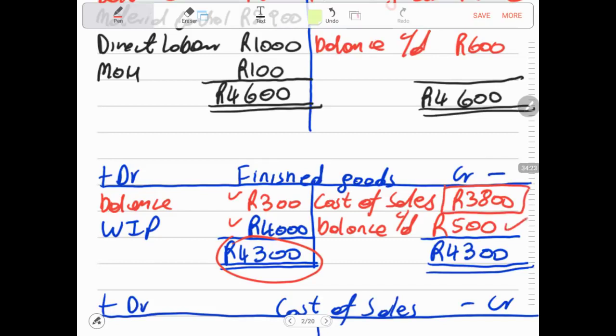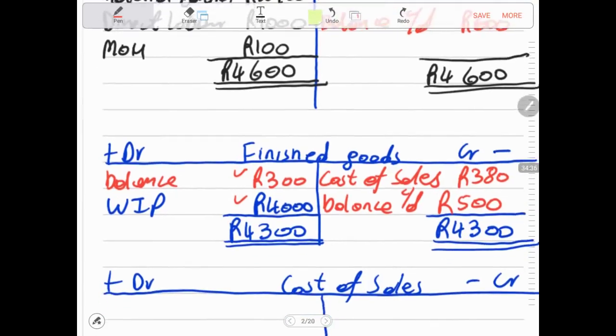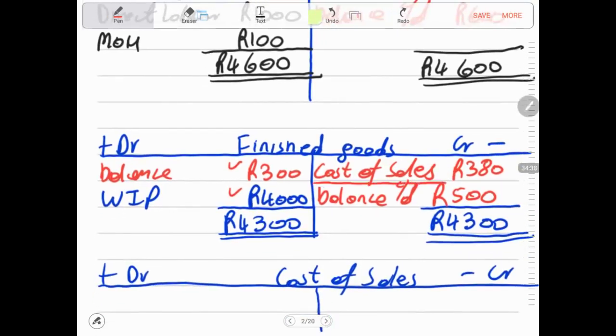Therefore, what is left at the end of the year becomes the closing balance. Even if they give you what was sold, then you'll be able to calculate the closing balance of the inventory of finished goods. So now on that same note, remember for every credit entry, there should be a debit entry, meaning our cost of sales will be increased by 3,800, not 380, 3,800.